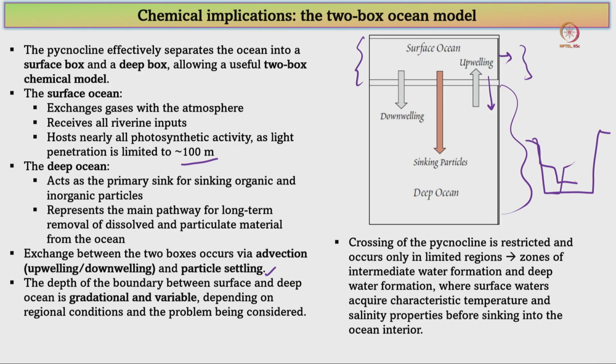And the crossing of the pycnocline is restricted and only occurs in a few regions, and those are the zones of intermediate water formation. That means meeting of two different currents and intermediate water formation is happening, or there is deep water formation like downwelling, where surface waters acquire characteristic temperature and salinity properties before sinking into the ocean water.